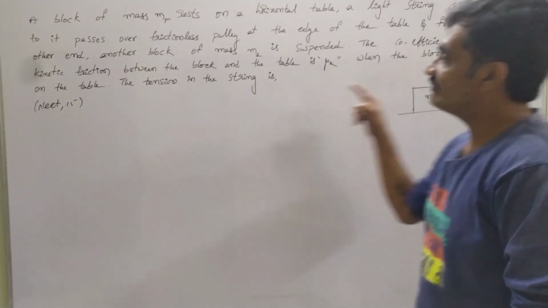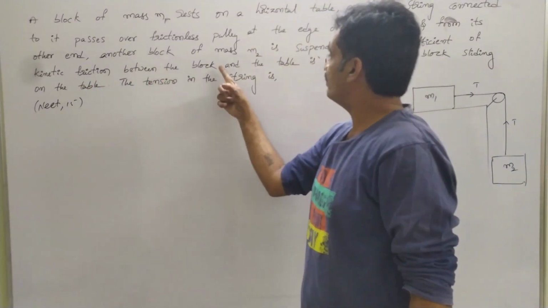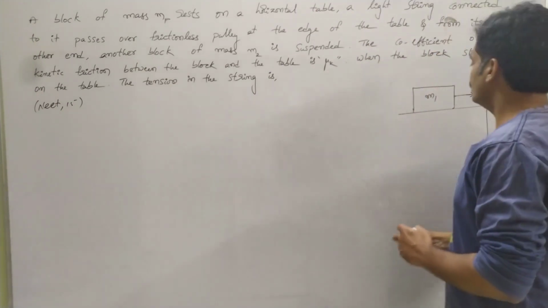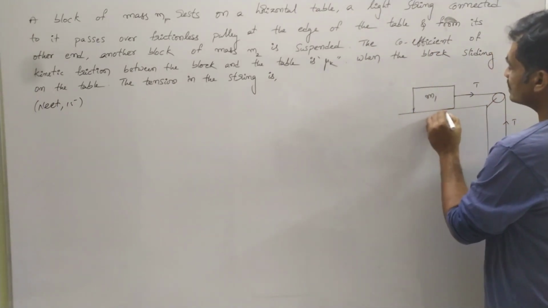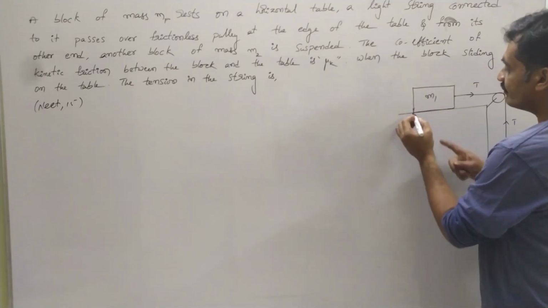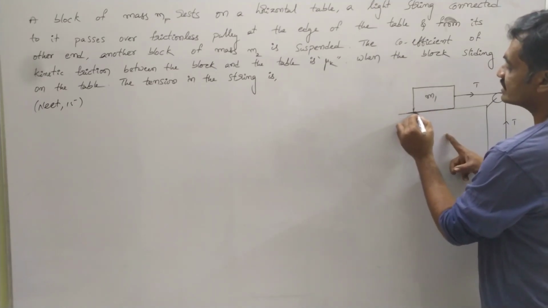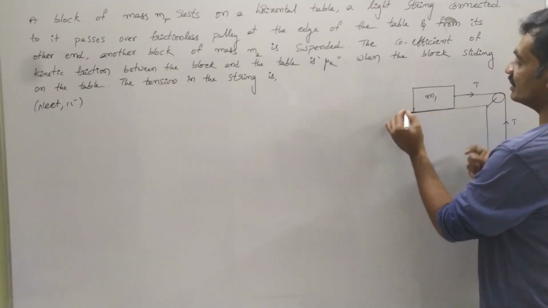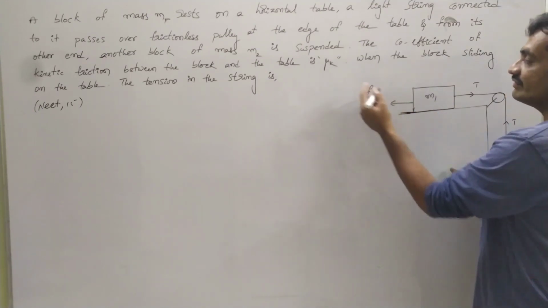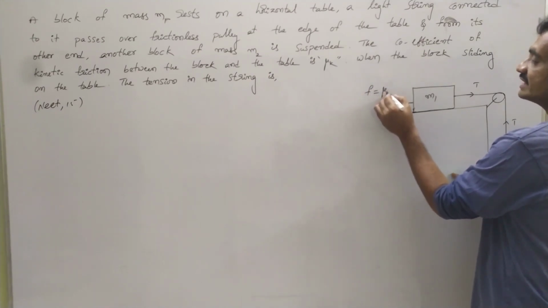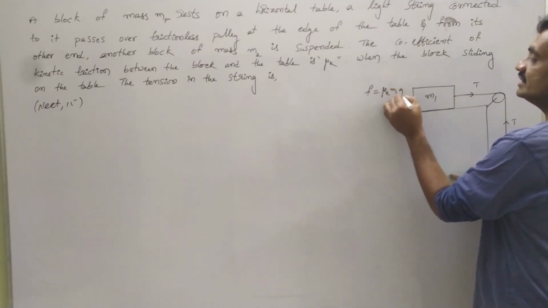The coefficient of kinetic friction between the block and the table is mu suffix k. So here observe that since the block is placed on the horizontal table, the kinetic frictional force acting between the table and the block is F, where F is equal to mu suffix k into mass m1 into g.